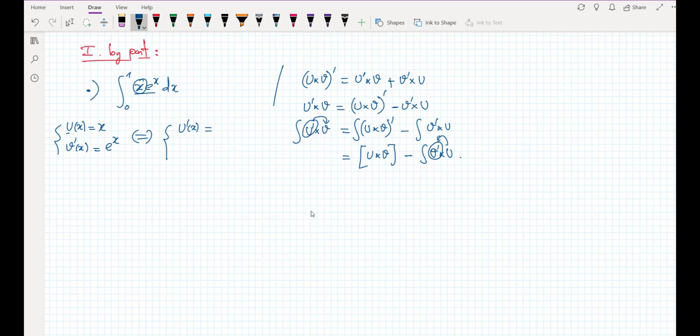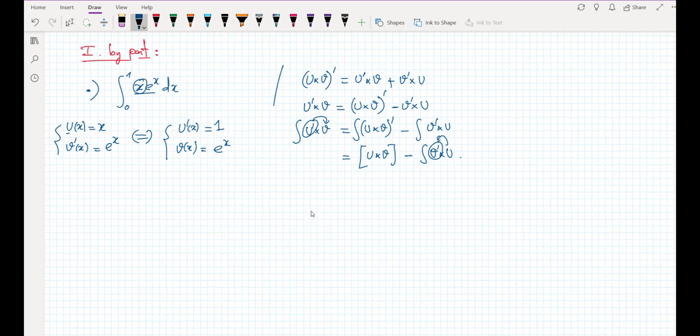So the derivative of x is 1, and the primitive of v prime is v, which is exactly the primitive of exponential x. The primitive of exponential is exponential.